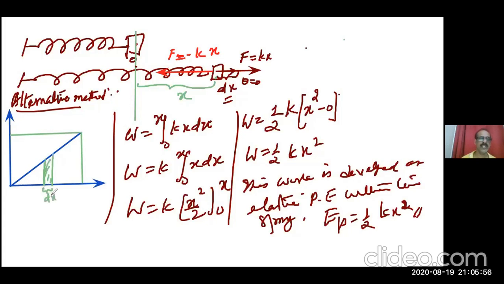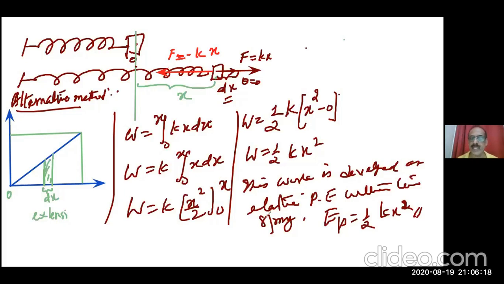This is for the same spring, another method. The last sentence: this work is developed as elastic potential energy within the spring.